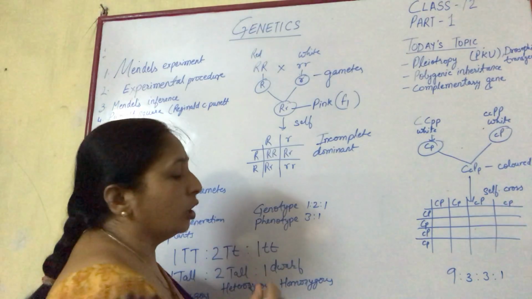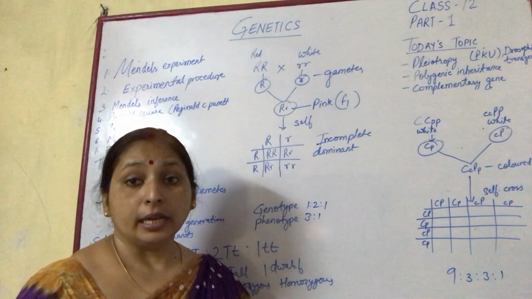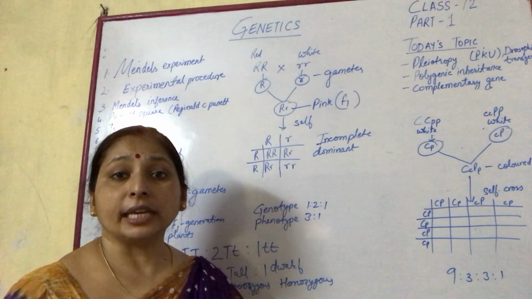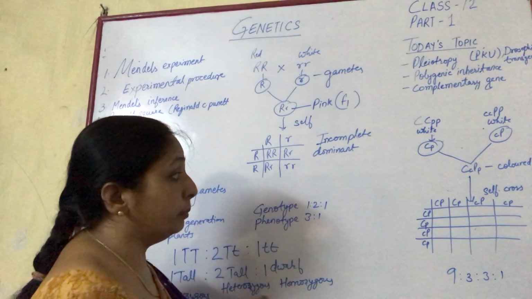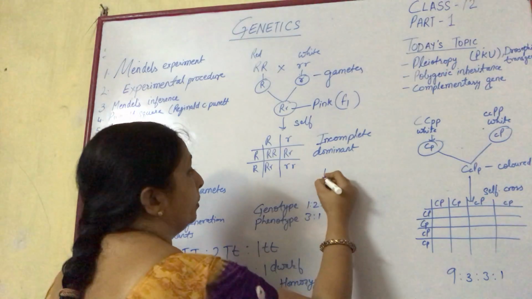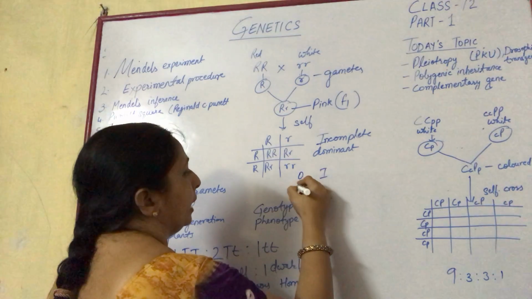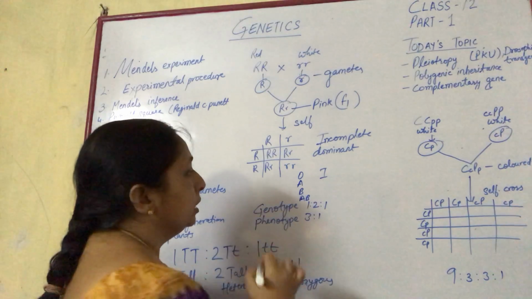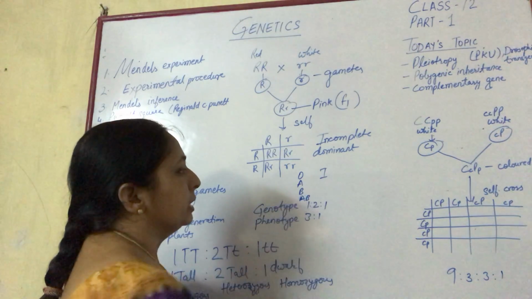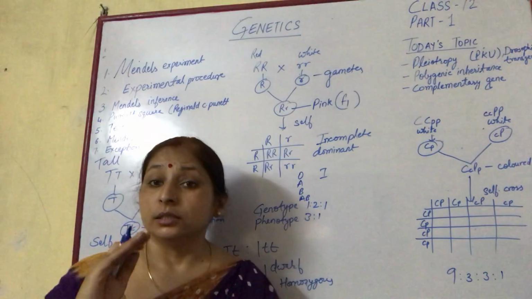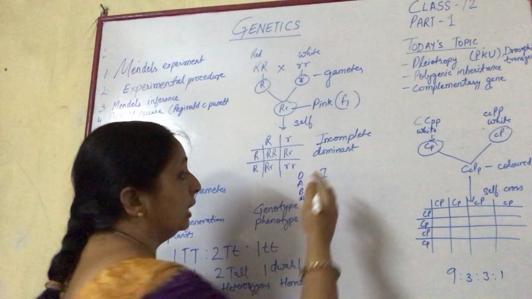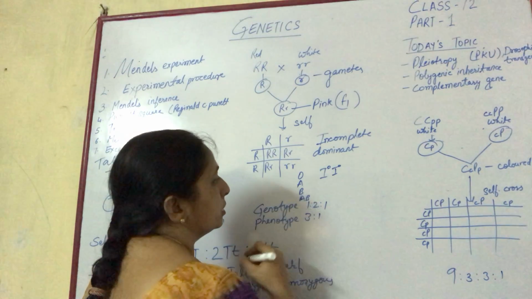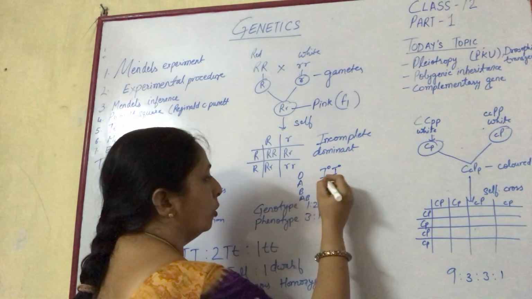Next is codominance, which is another exception to Mendel's experiment. Codominance, as in the case of blood groups O, A, B, AB. Here the genes are represented by I, and I O is for the homozygous O blood group.